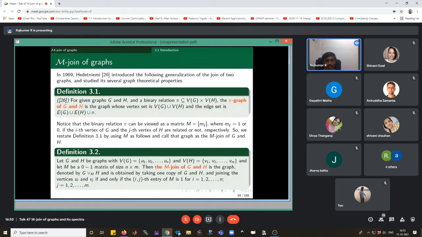If the ijth entry of the matrix is 1, we join the corresponding vertices ui and vj. Otherwise, if the ijth entry is 0, we do not join the vertices ui and vj. So this is a formulation of this join of graphs G and H in terms of matrix notation.